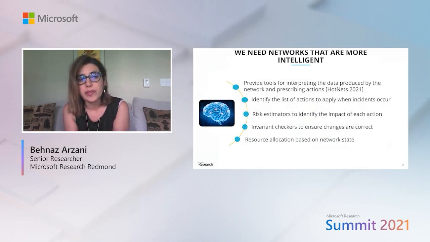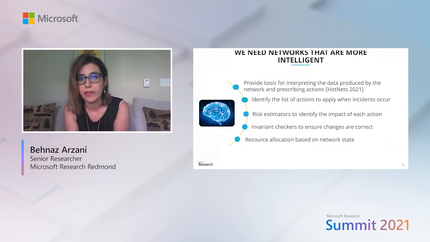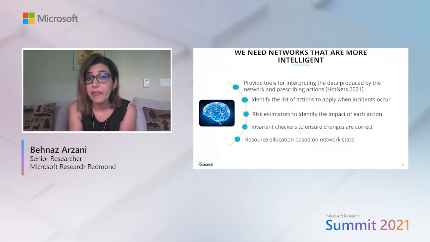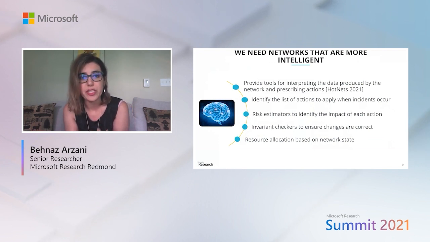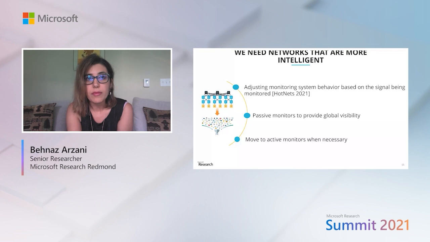But also some of the work that's ongoing has to do with identifying the list of actions to apply when problems happen in the network, identifying the risk of each of these actions to know which one is the best one to apply at a given moment, having invariant checkers to make sure that the changes being applied to the network are actually correct, and then how to allocate resources to different tasks that are going on such that there's enough capacity to operate the network as well.